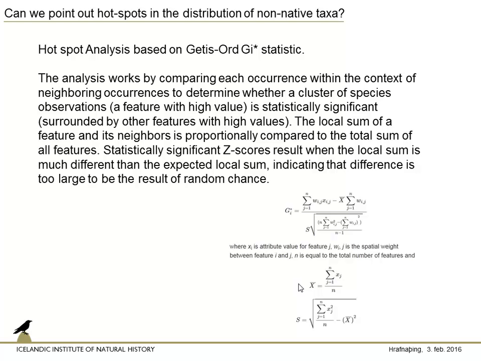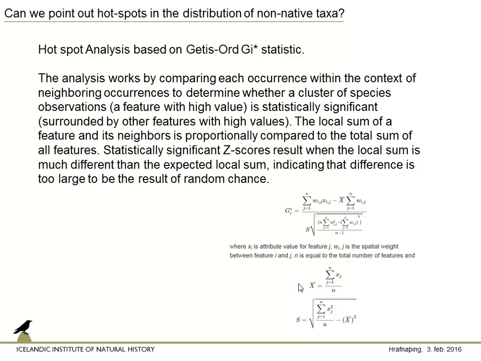It works by comparing each occurrence within the context of neighboring occurrences. And this is done to determine whether a cluster of species observations, so in this analysis it will be called a feature with high values, is statistically significant. So if it's surrounded by other features with high values.